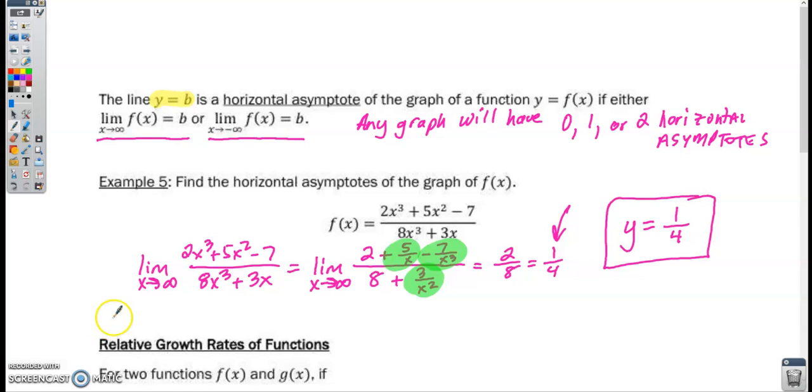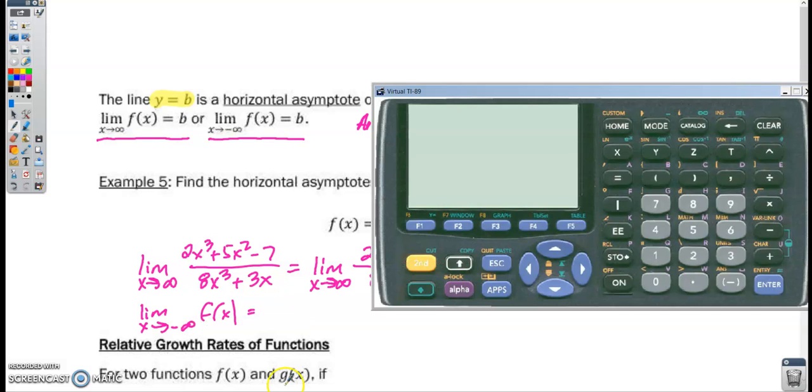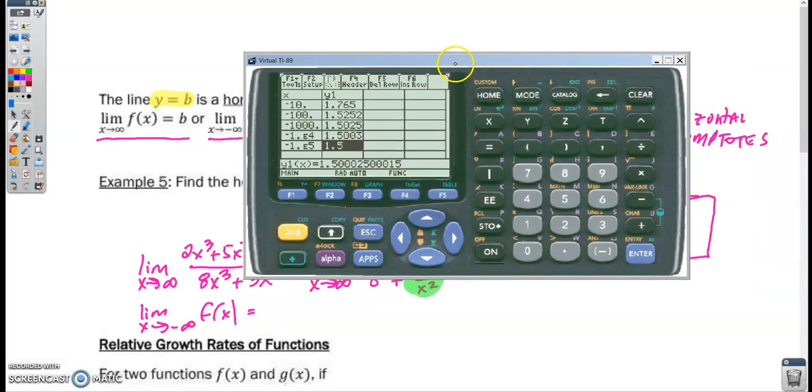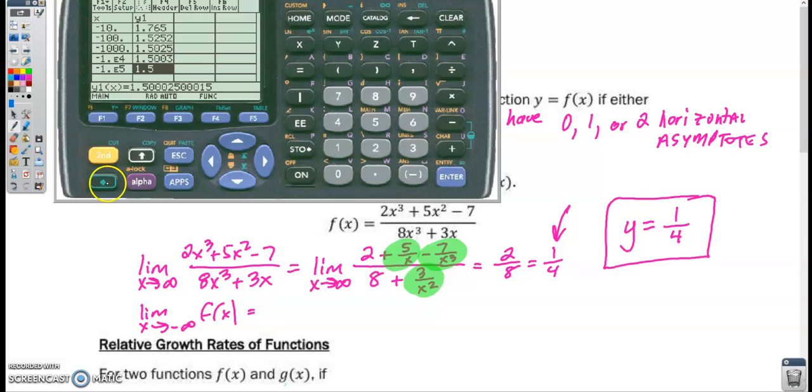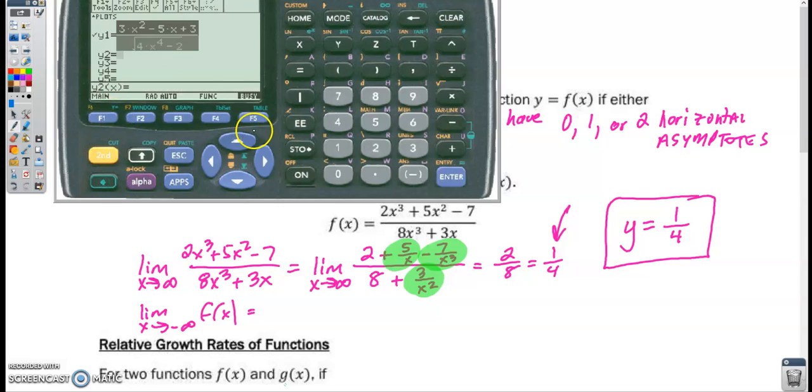And I can show you that it has 1 if we, again, take the limit as x goes to negative infinity of this function. That limit is also 1/4. Let me do that one on my calculator just to refresh the different methods of finding the limits approaching infinity.